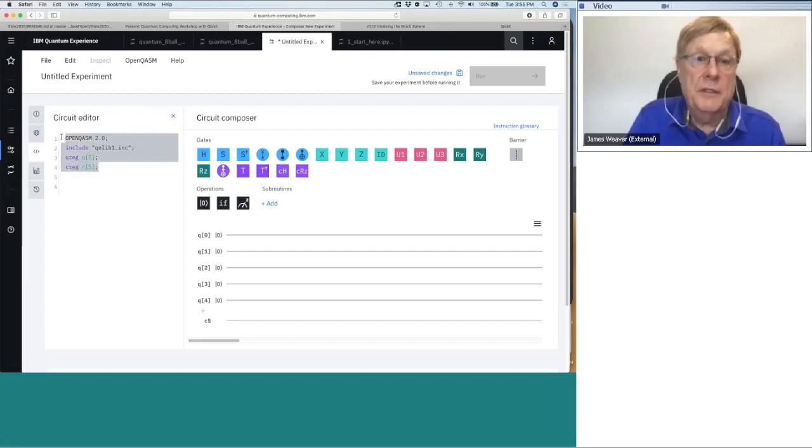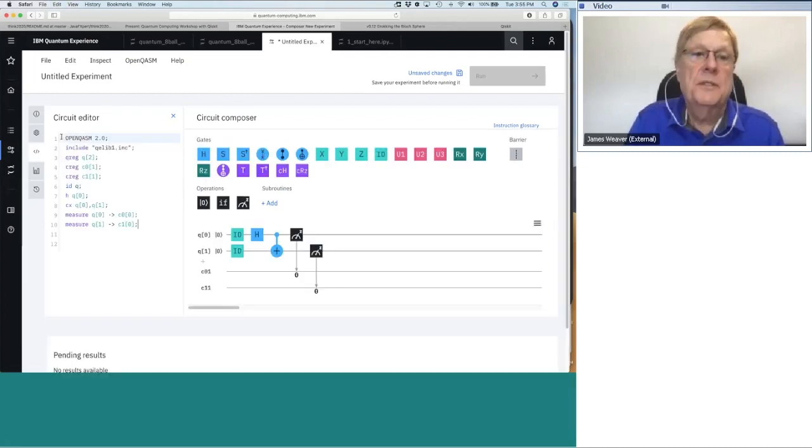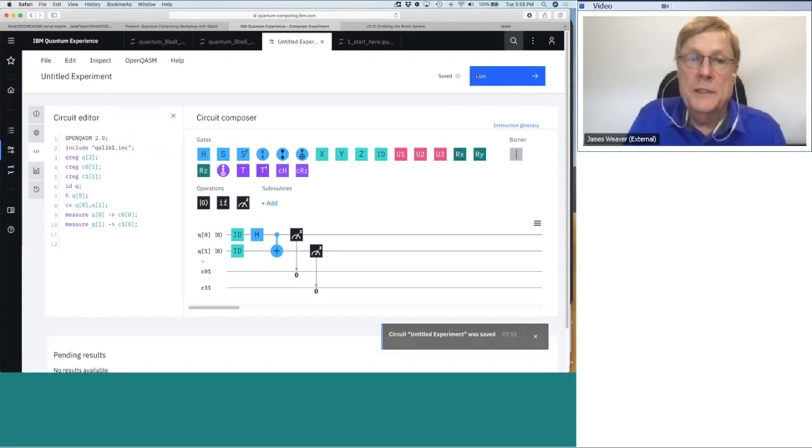I'll go over here and delete this and paste what I got from in-game. And notice here that I have the Hadamard gate, the CNOT gate, and the 2 measurement gates. And so then I could run that on a real quantum computer or on a simulator or something like that. So first of all, I'm going to save the changes. I'm going to run it.